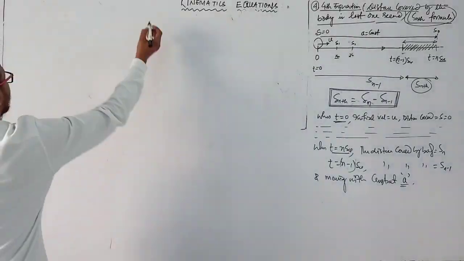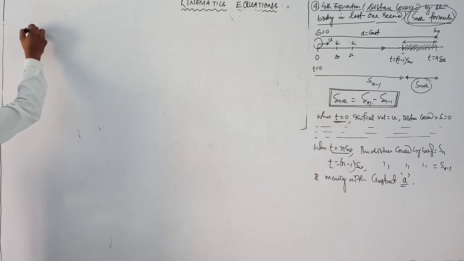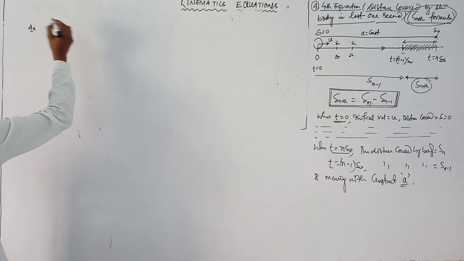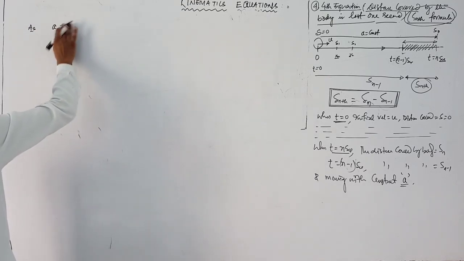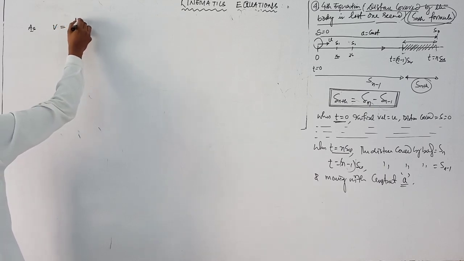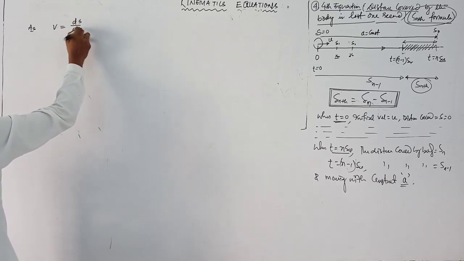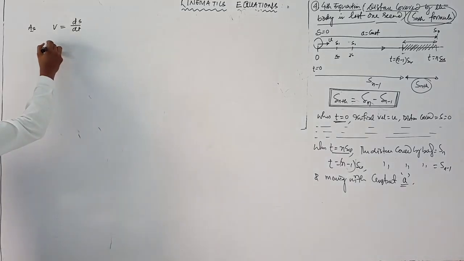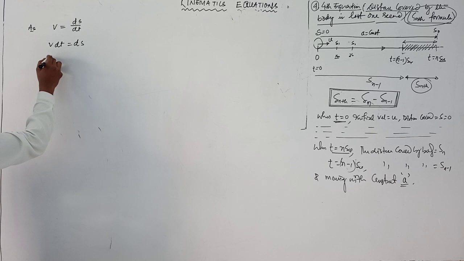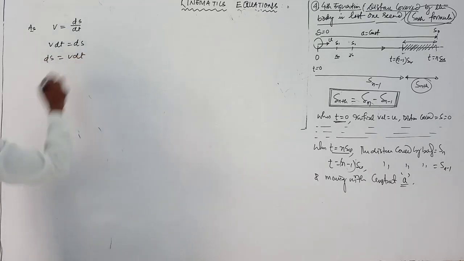Clear? Next, as we know, velocity can be written as ds upon dt, so v dt equal to ds, or ds equal to v dt.